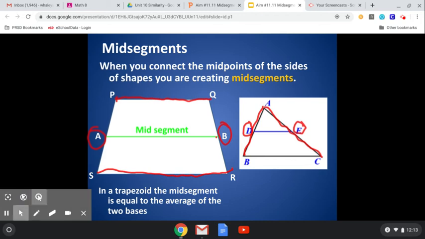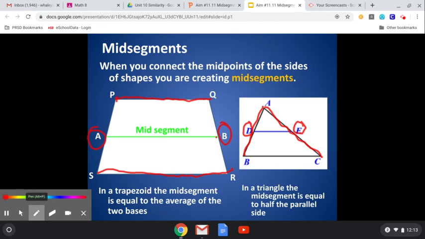Now, in a triangle, DE, the mid-segment, is equal to half the length of BC, half the length of the side it's parallel to. So if, let's say, BC was 10, DE would be 5.